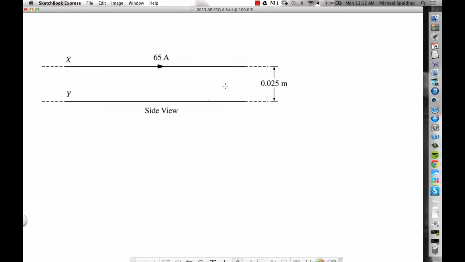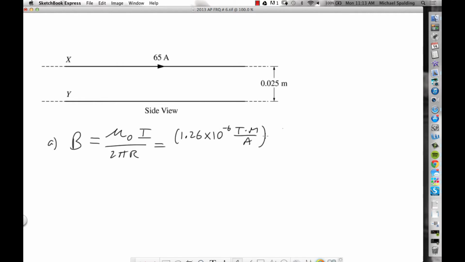Okay? So the equation that does this: the magnetic field at a distance from a wire is mu naught I over 2 pi r. Mu naught is a constant, which you don't have to memorize. It'll be given: 1.26 times 10 to the negative 6 Tesla meter per amp.